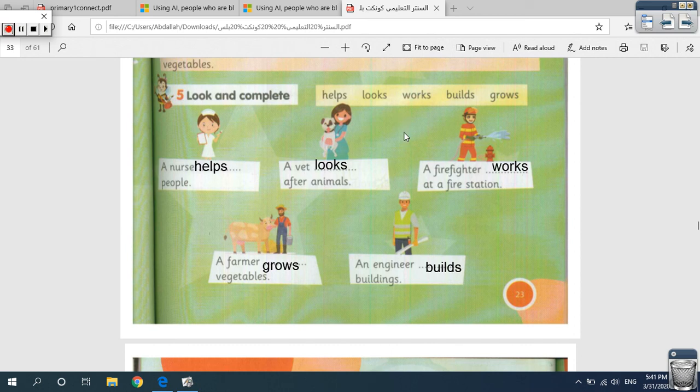Verbs are actions that we or other people do. A nurse helps people. A vet looks after animals. A firefighter works at a fire station. A farmer grows vegetables. An engineer builds buildings.